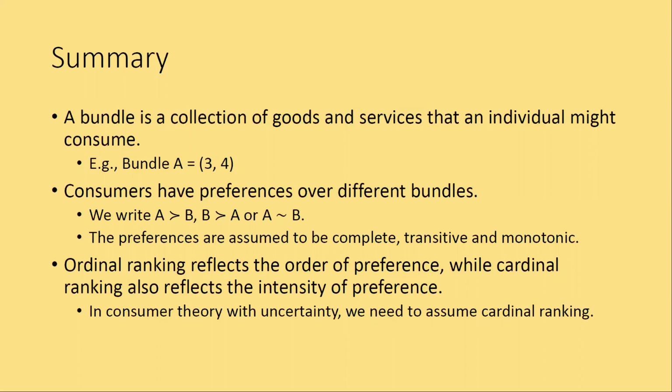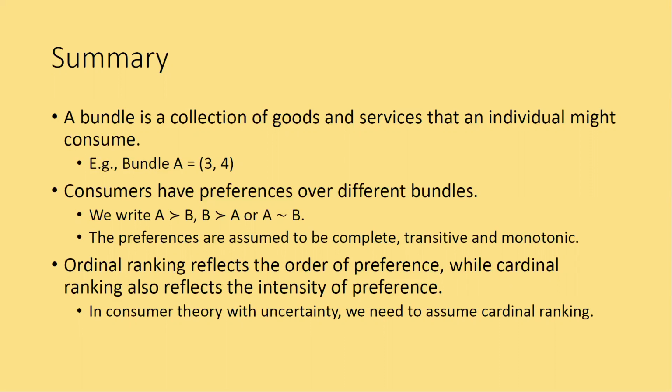And we also defined preferences. Consumers have preferences over different bundles. For any two bundles, a consumer either prefers bundle A over bundle B, or prefers bundle B over bundle A, or is indifferent between bundle A and bundle B. But those preferences need to behave nicely to represent the behavior of a rational consumer.